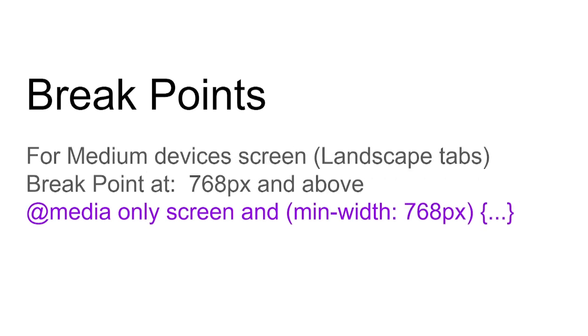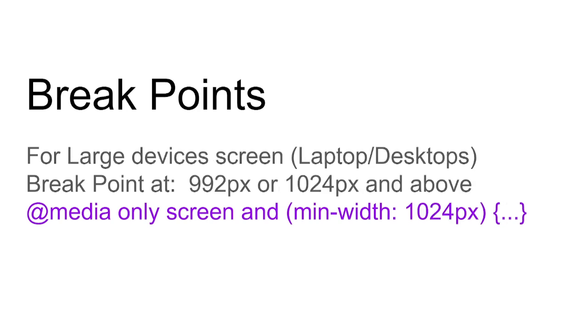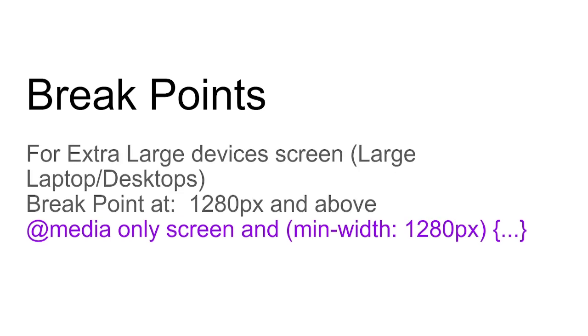Then for medium devices, you have 768 and a little above. For your large devices, 1024 and a little above that. Then for extra large devices, we are going to have 1280 pixels and above. So the breakpoint will start from 1280 pixels.